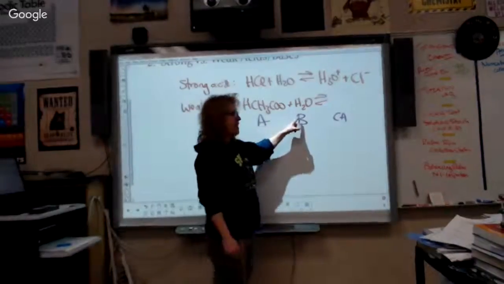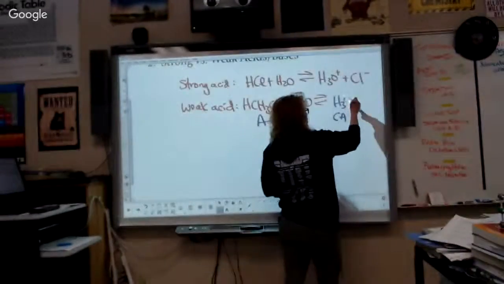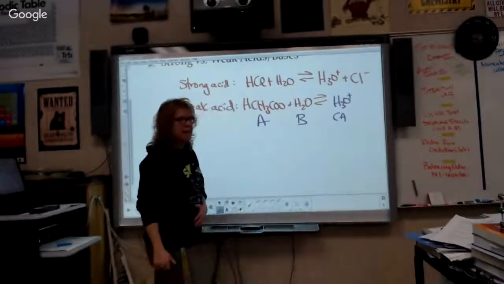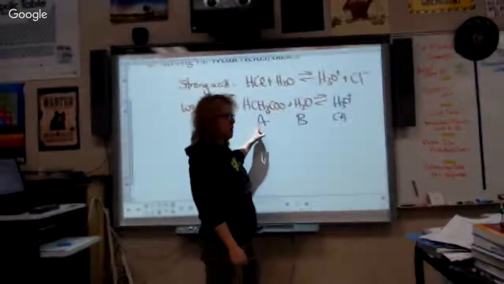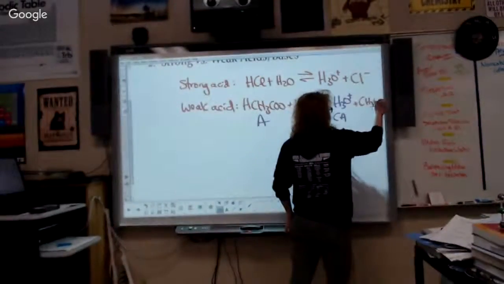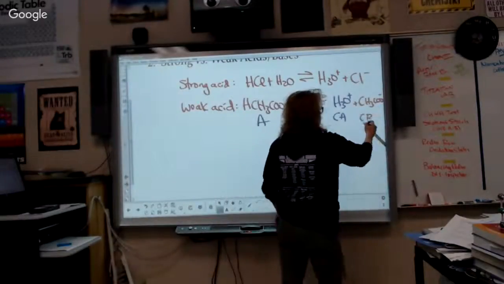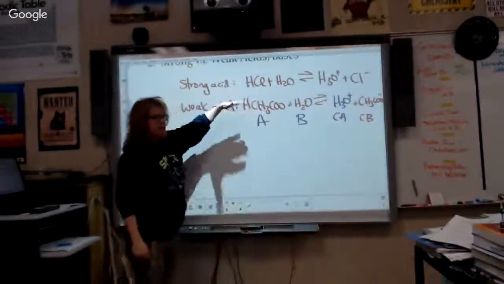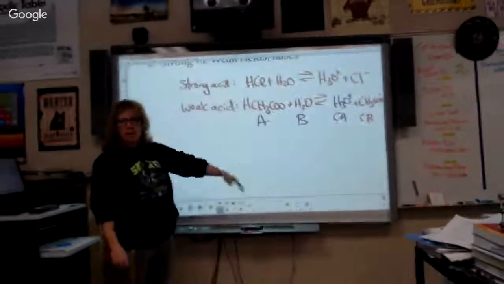So once it's received its proton, we get this thing, H3O, which is called hydronium. Conjugate base is what's left behind after this has given it up. That's acetate. So these both look pretty much identical in terms of their view. They act with water, they make hydronium and an anion.